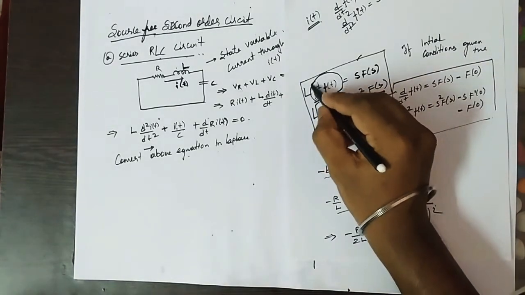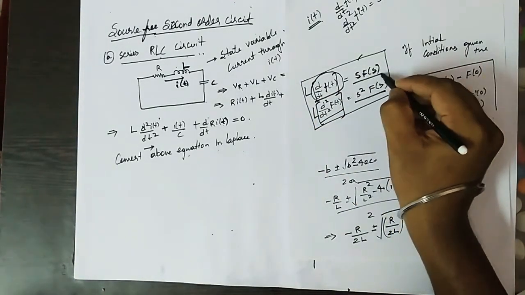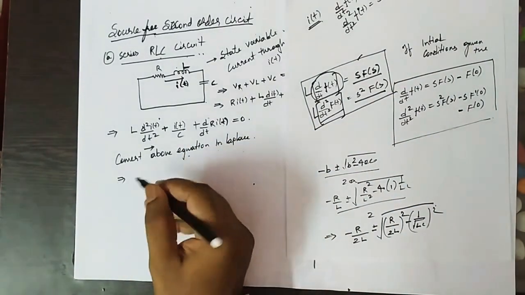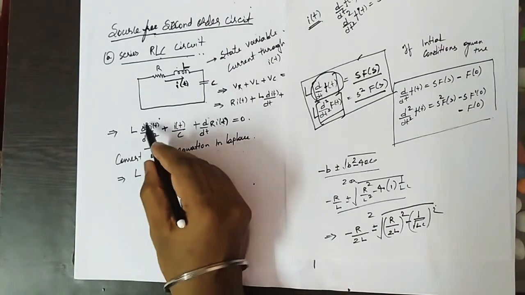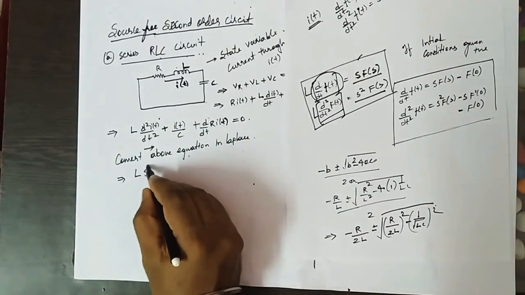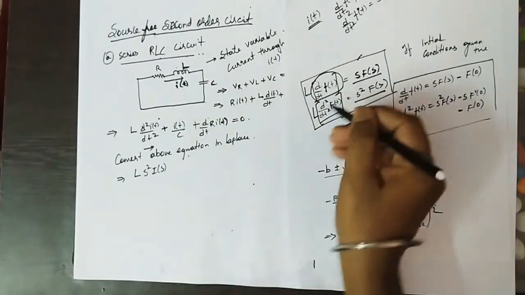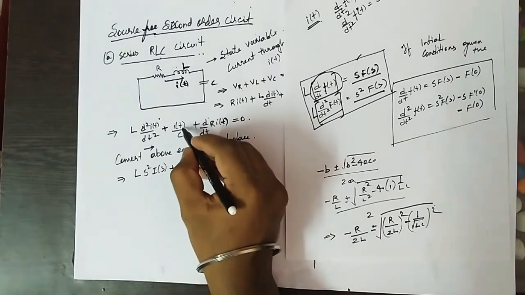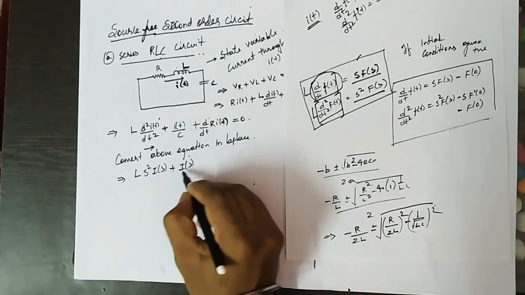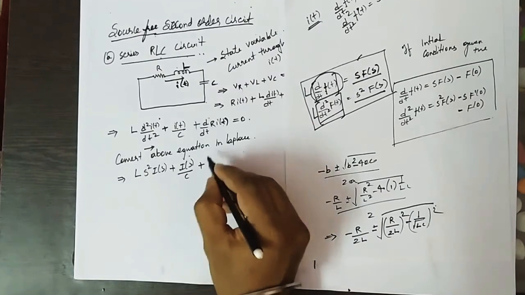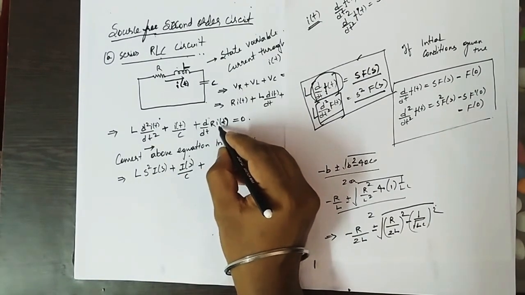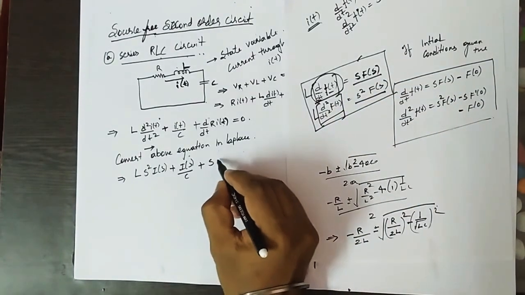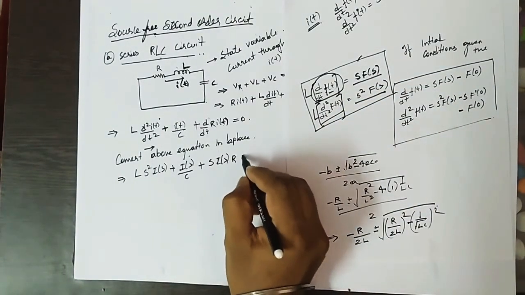So the Laplace of the above equation can be written as L into s square I of s, where the function f of t is here i of t. Then i of t becomes I of s by C, plus R into d by dt of i of t, which can be written as s into I of s into R, equal to 0.